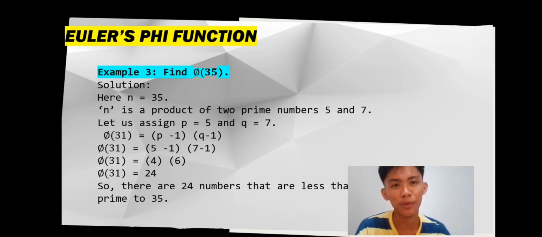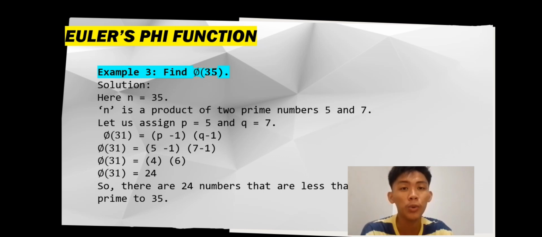So 35. The first step we need to do is to factor using prime factorization. If we factor 35, the answer will be 5 and 7, and 5 and 7 are prime numbers. So our p here is 5 and our q here is 7.